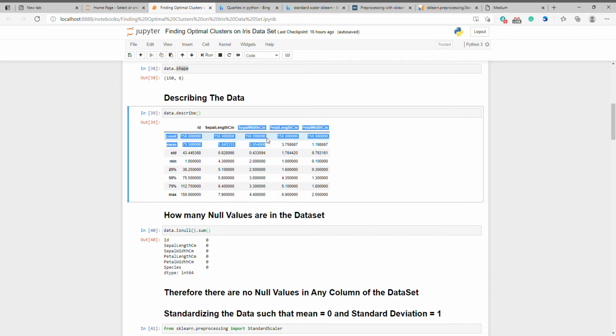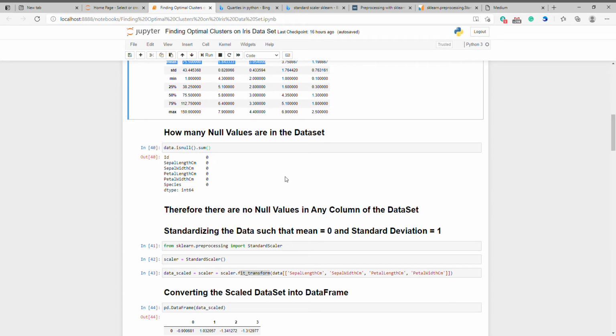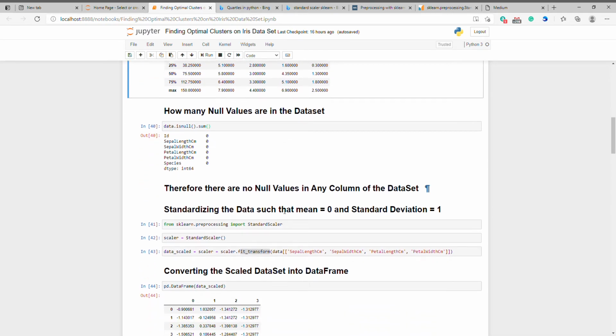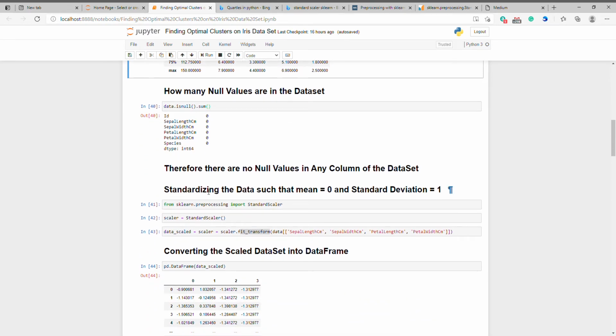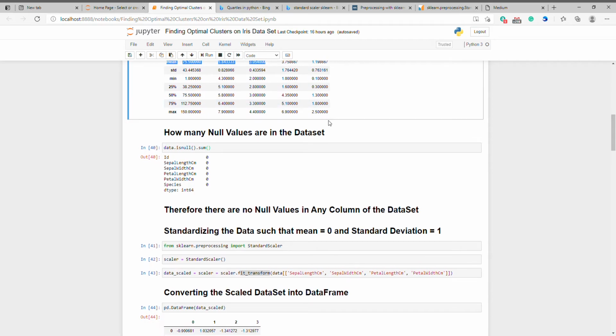So to make all the columns of the dataset within a given range, I am standardizing the data. It means all the values in each column, sepal length, sepal width, petal length and petal width, will be in roughly the range between -1 and +1.